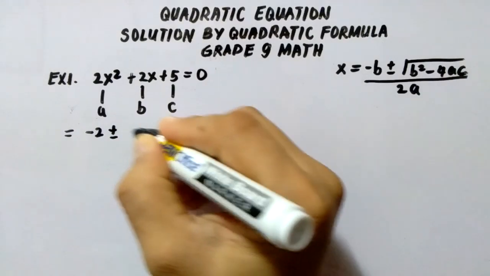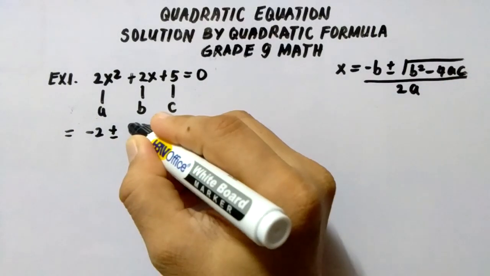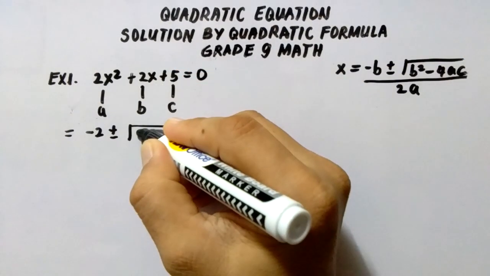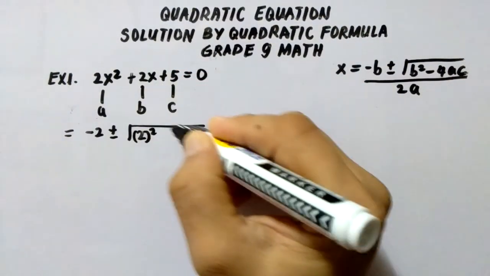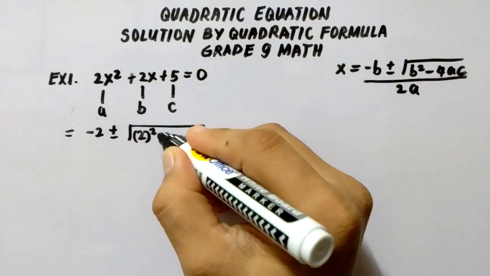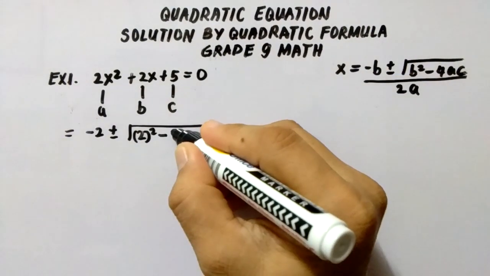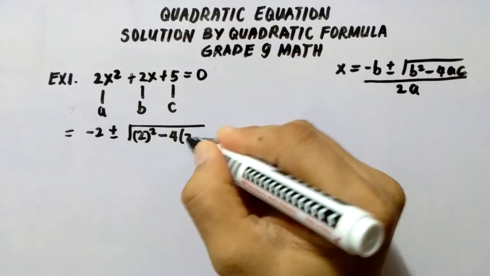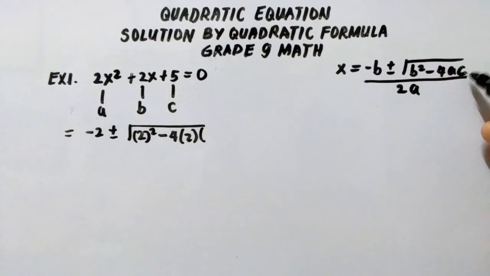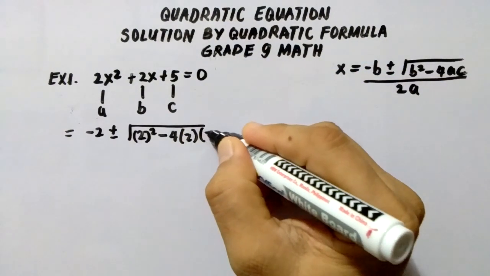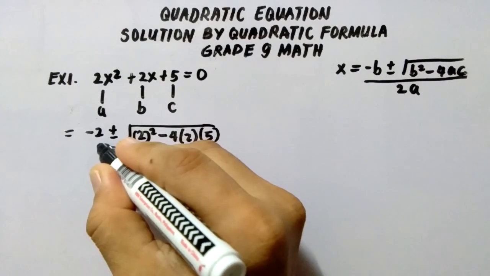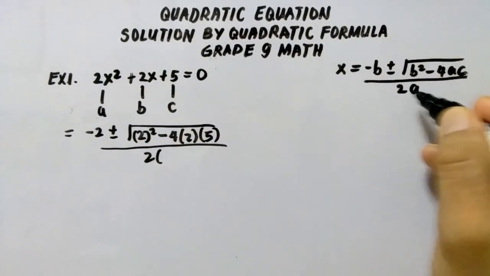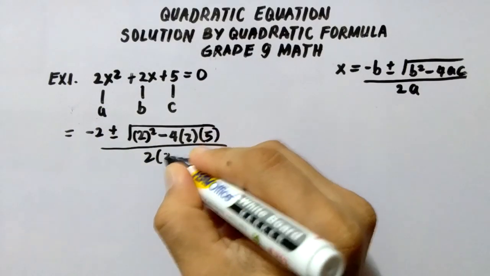Then, positive, negative, then square root, then b squared, so b is 2, so 2 squared, then copy the negative sign, then 4, then times the quantity a, so a we have 2, times c, so c is 5. Over 2 times a, so a is 2.